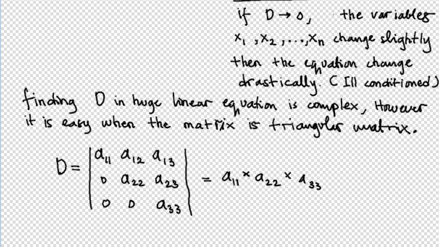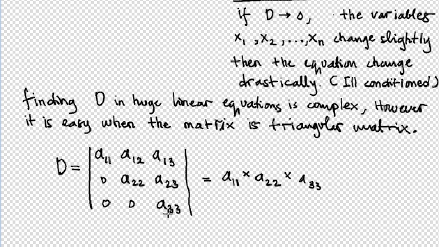So if you have many linear equations, then finding D is complex, it consumes time. And then to simplify finding the determinant, you change the matrix into a triangular matrix.